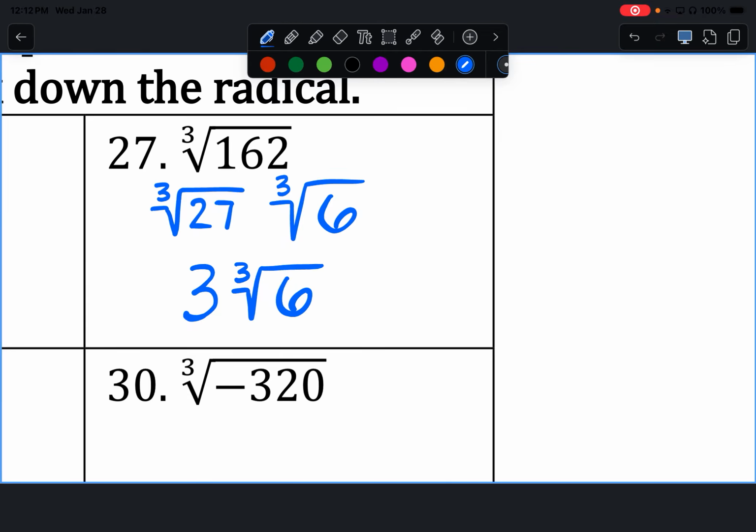All right, 29. Okay. We have the cube root of 432. What is the biggest perfect cube that goes into 432? Okay, so we do 216 times the cube root of 2, and what is the cube root of 216? 6. So we get 6 times the cube root of 2.